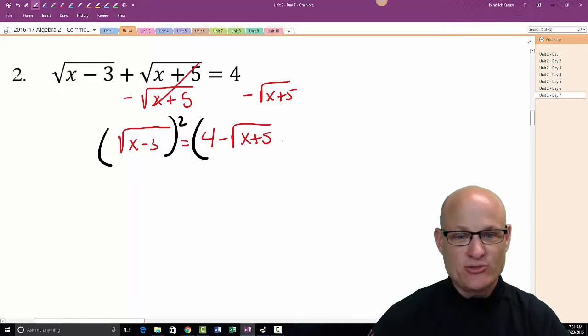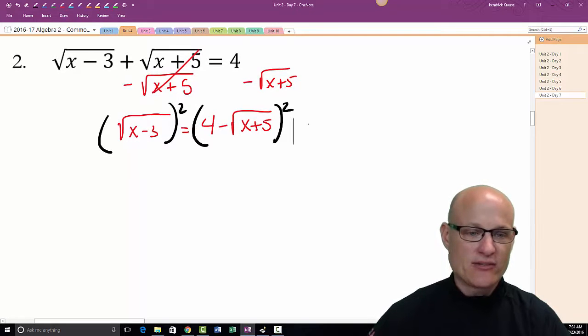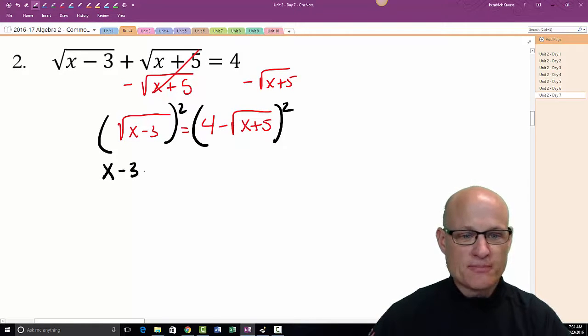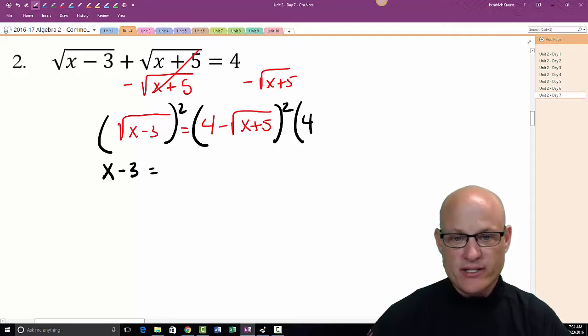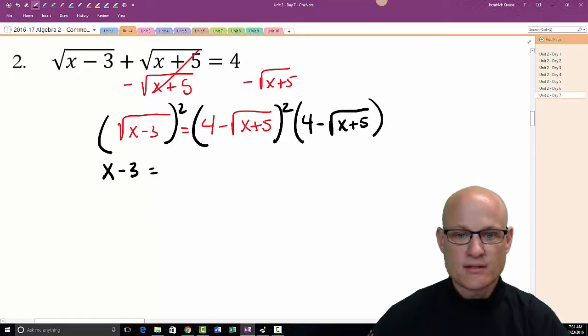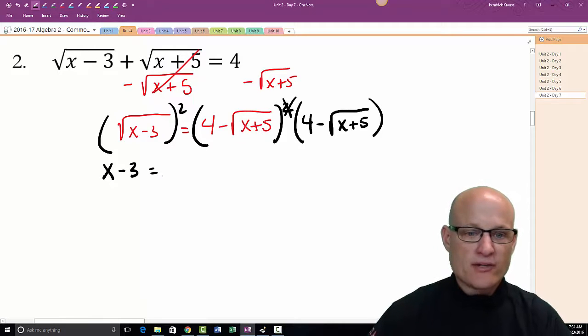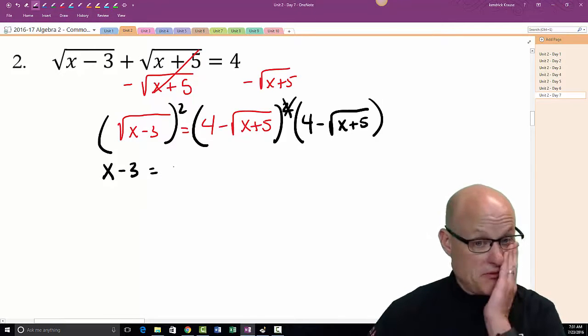Please continue to use parentheses. Please. I can't stress it enough. On the left side, you just get x minus 3. Now on the right side, you know you're going to have to write this twice. So you can do it right here to try to save yourself a little bit of time. All right, so 4 times 4 is 16.